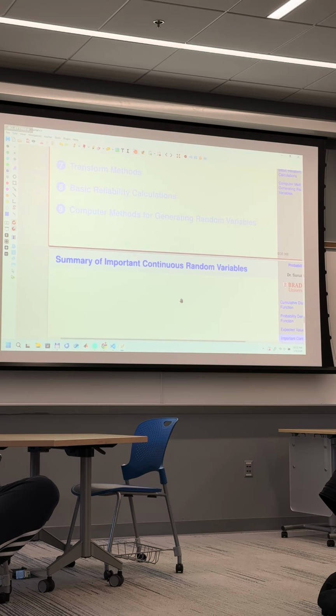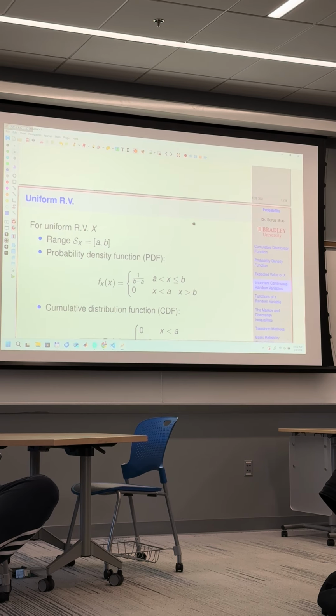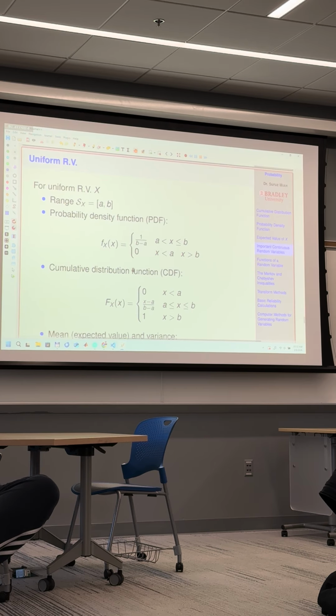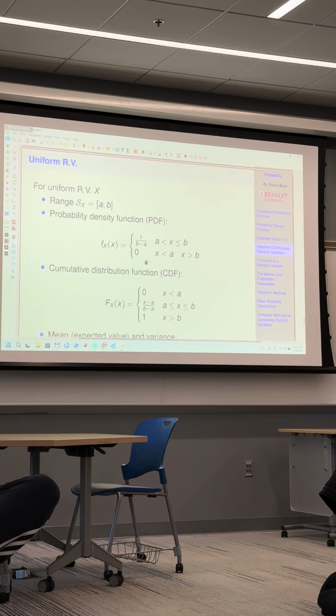But what I am trying to show you here, before I go through the example, for discrete random variable, guys, do you remember I had a summary slide? I had a summary slide for discrete random variable. For continuous random variable, I had this summary slide.